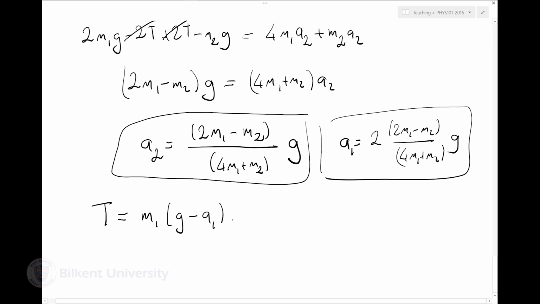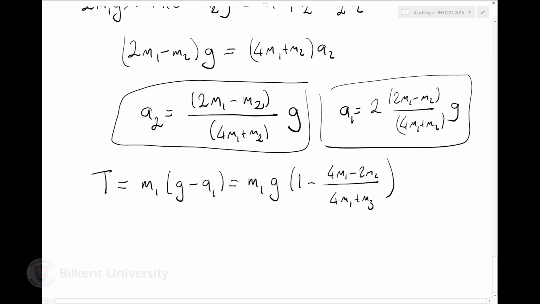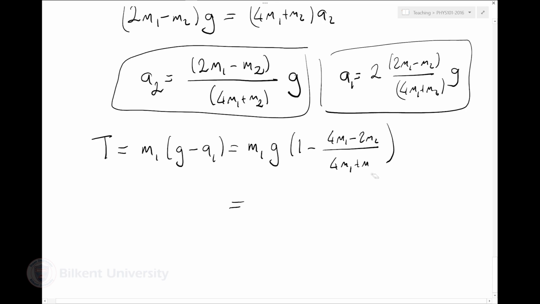So it's going to be m1 g times 1 minus (4m1 minus 2m2) divided by (4m1 plus m2). There is no m3. So m1 g times (4m1 plus m2 minus 4m1 plus 2m2) divided by (4m1 plus m2).